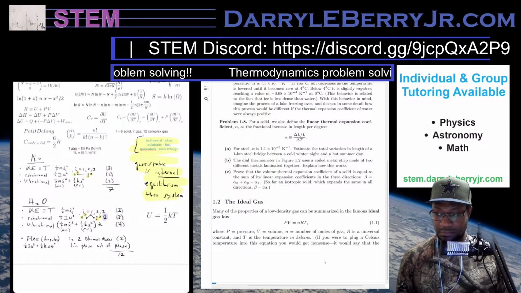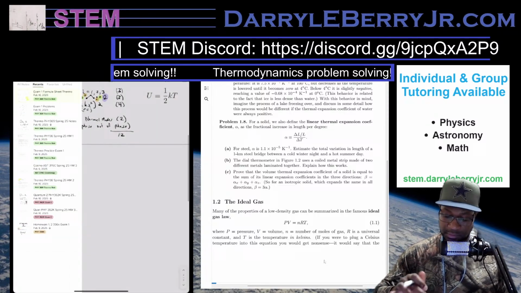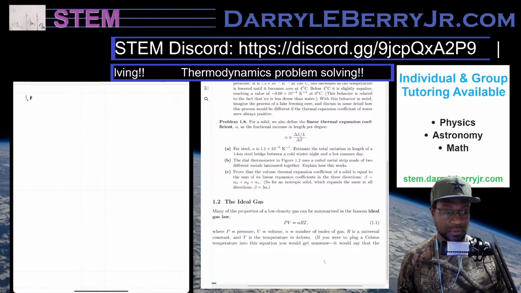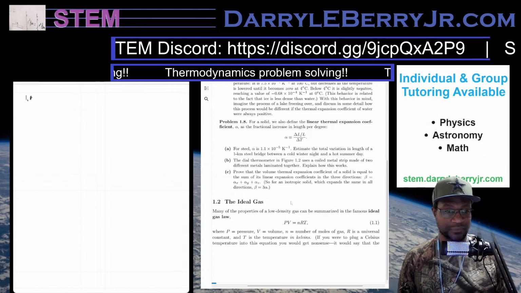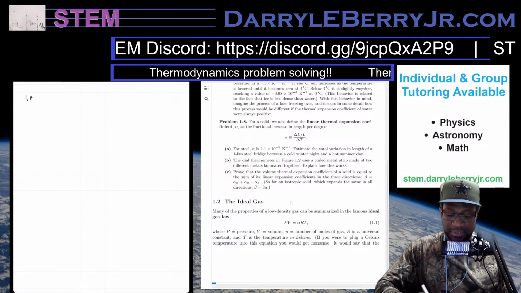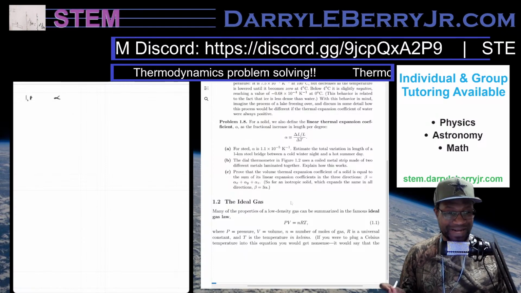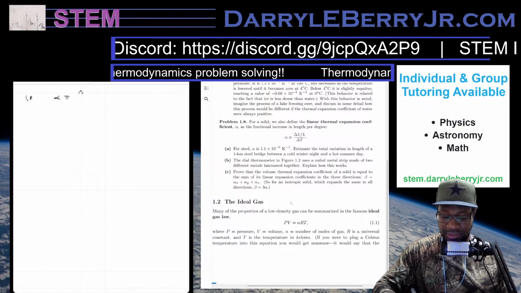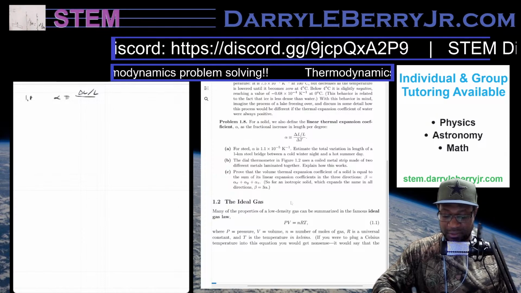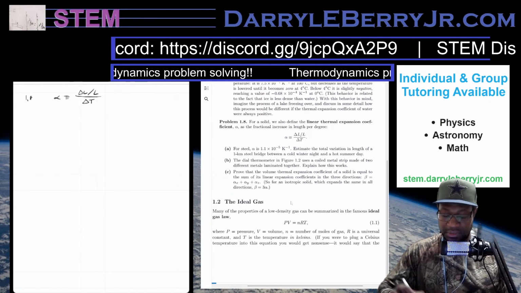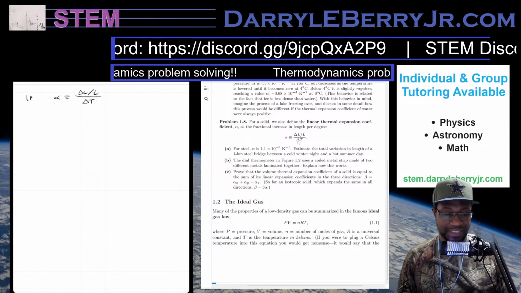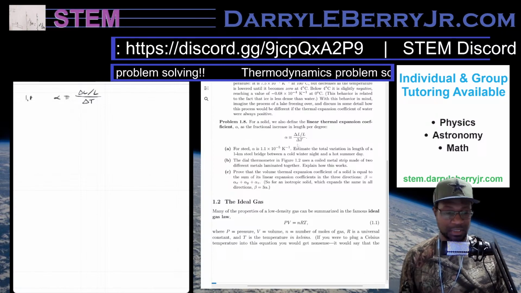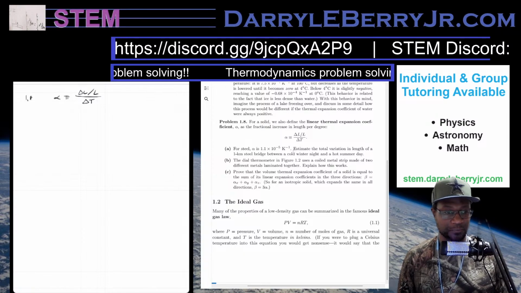The problem 1.8. So it says for a solid, we define the linear thermal expansion coefficient alpha as the fractional increase in length per degree. So that is defined as change in L divided by L, all divided by change in T. So the amount of temperature increase determines how much the material expands, and is by a certain value depending on the material.